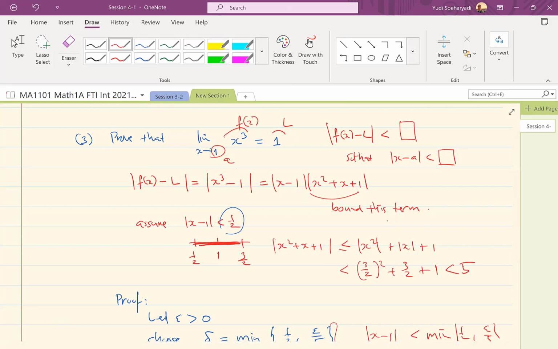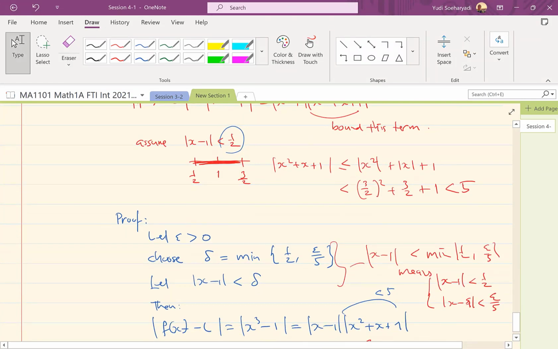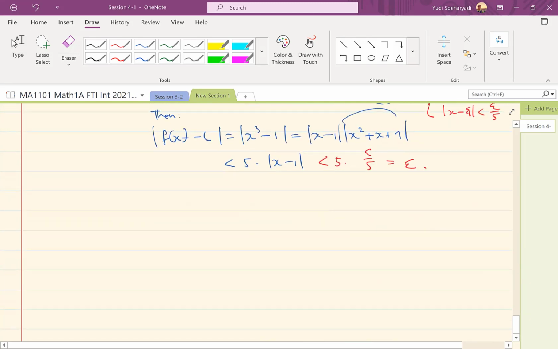If you need a lower bound, then you need this 1/2. So do we always use the upper bound in solving limits? In this case, yes, because we need to find something like this.